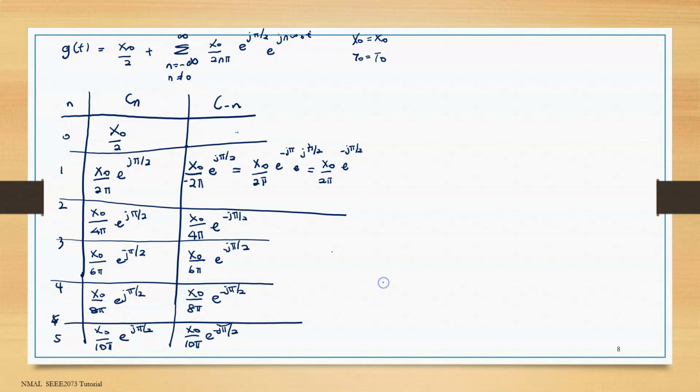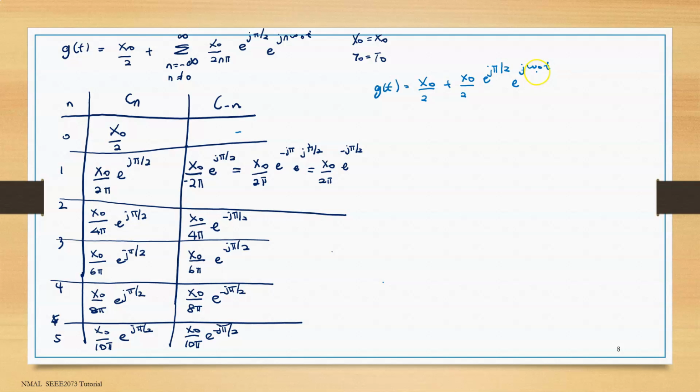Okay, so I'm going to rewrite the equation here for you. So here g(t) will become x naught over 2 plus, okay, take this part, x naught divided by 2 exponent j pi over 2, and then when you rewrite the equation, only then you take this part, okay, multiplied by exponent j n omega naught t. So for n equal to 1, this one will become exponent j omega naught t.